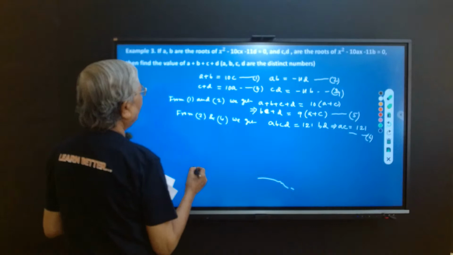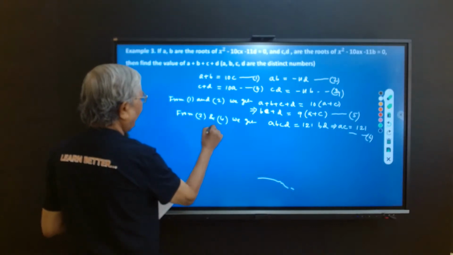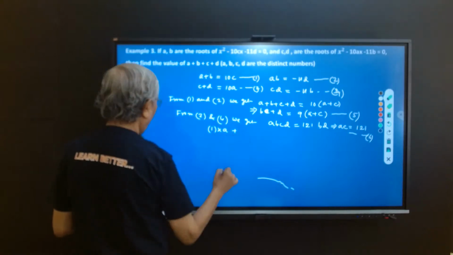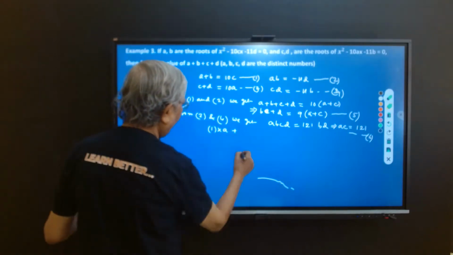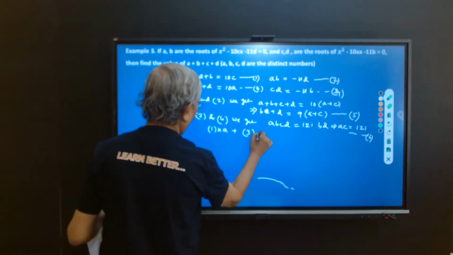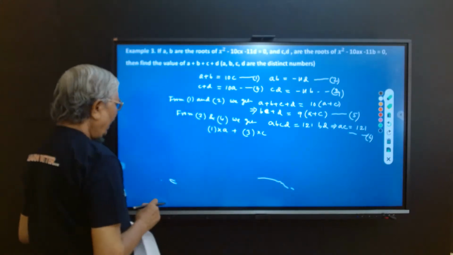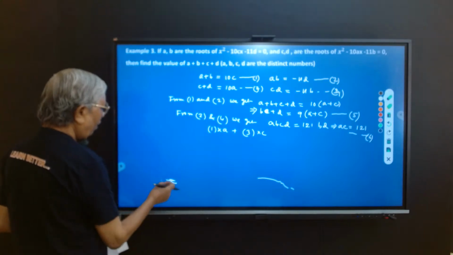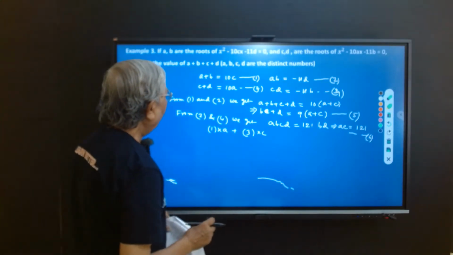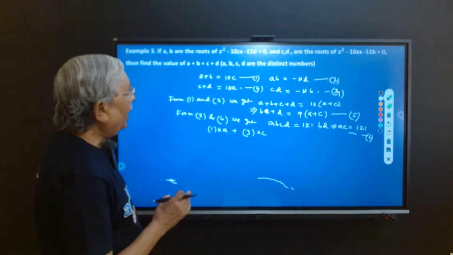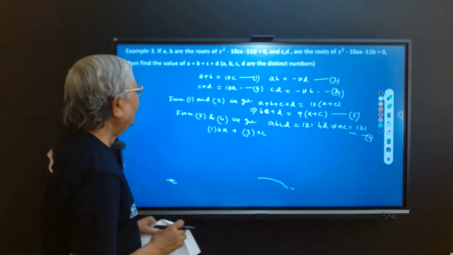Now multiply equation number 1 by A and 3 by C and add these two equations. What you get?